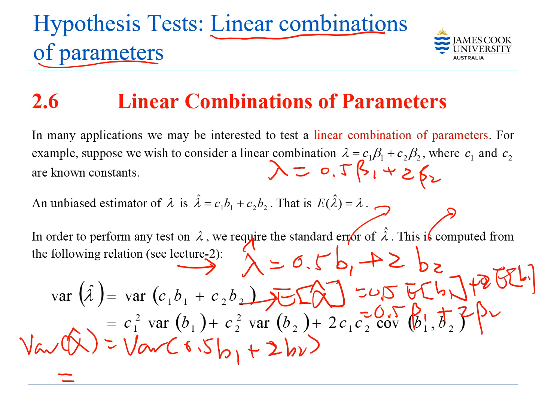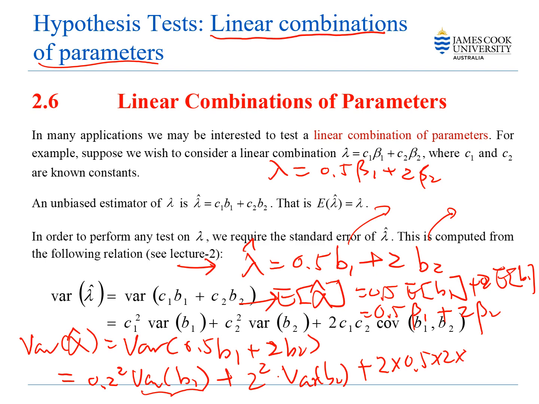You can check the textbook for these formulas. It is equal to 0.5 squared times the variance of B1, which we can estimate, plus 2 squared times the variance of B2, plus 2 times 0.5 times 2 times the covariance of B1 and B2.